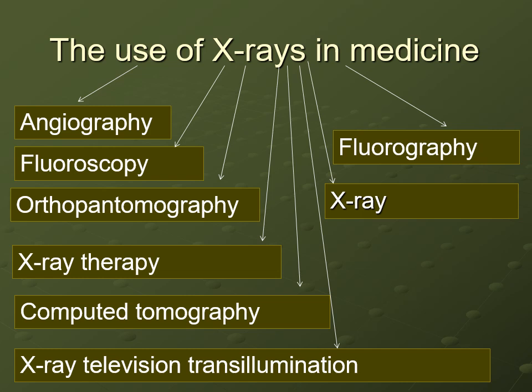It is also possible to use X-ray radiation for the treatment of neoplasms. This is X-ray therapy. Computed tomography, X-ray tomography, in another way, we can also call this type of examination. X-ray radiation is also used here. Everyone knows fluorography. It is also based on the use of X-ray radiation.